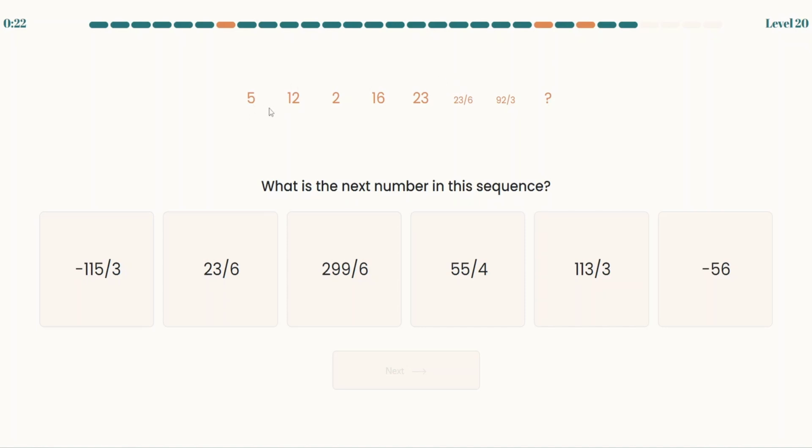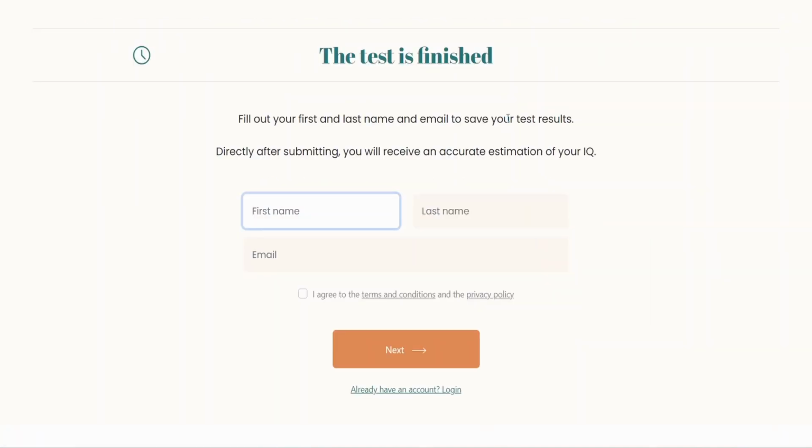So 5 to 12 is plus 7, minus 10, or divided by 6, multiplied by 8. Increase, decrease, increase, increase, decrease, increase. Yeah, that was it.